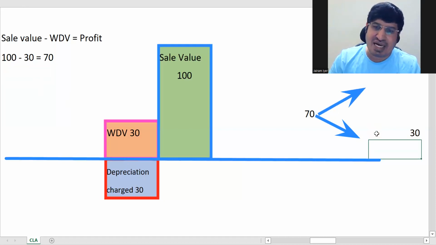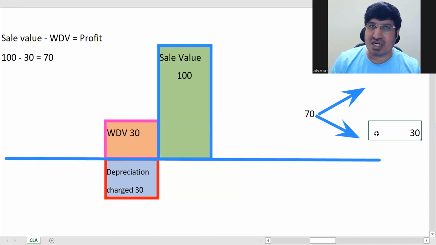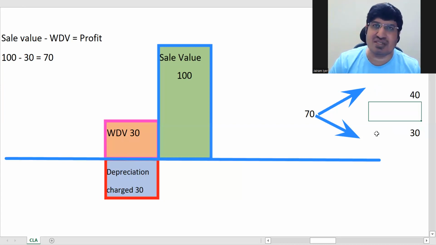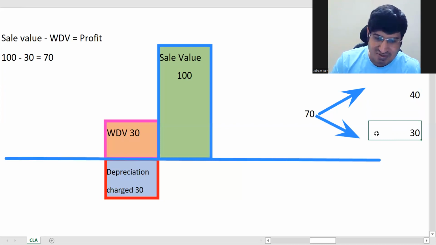So let 30 be taxable under my head, because I have already given a deduction of 30. Let 40 be taxable as capital gains. Understood? So this 40 is capital gains, and this 30 is called balancing charge.